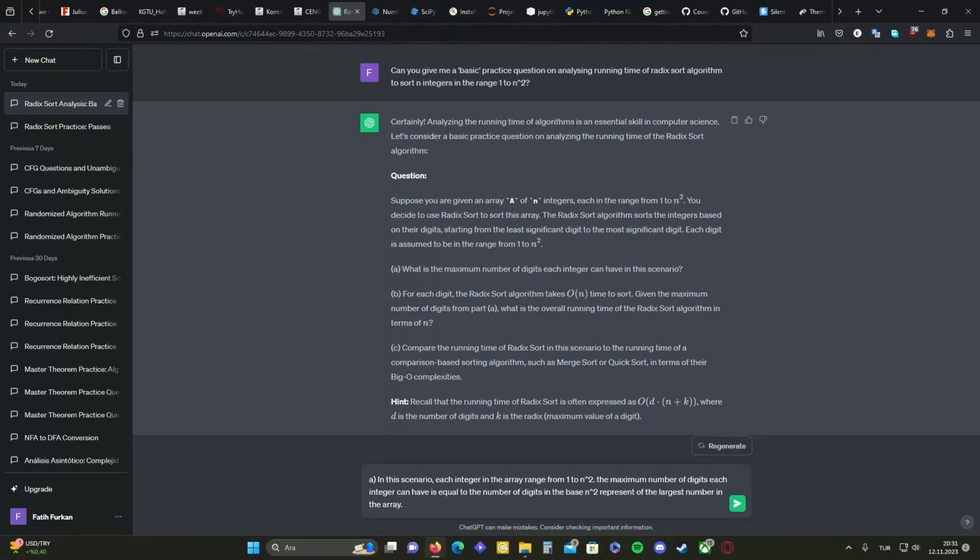So the largest number in the array is n squared, and in base n squared its representation has only one digit, which is 1. Therefore, the maximum number of digits each integer can have is 1.